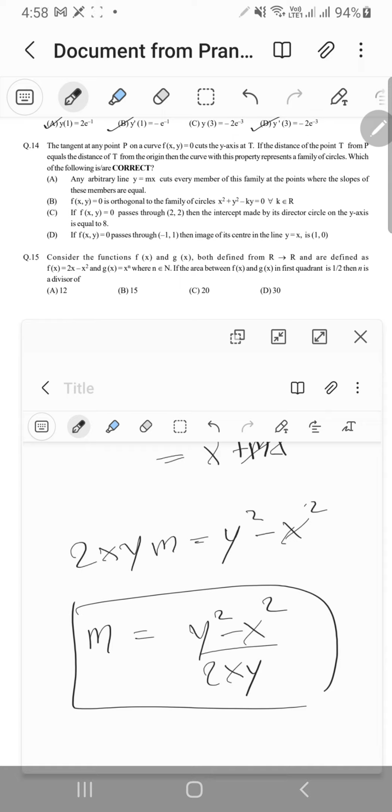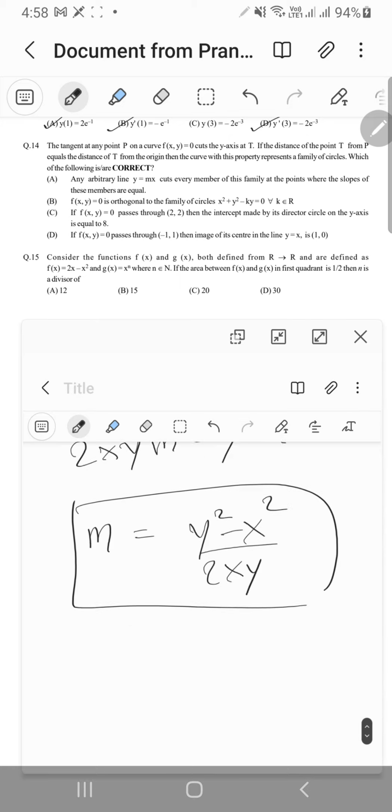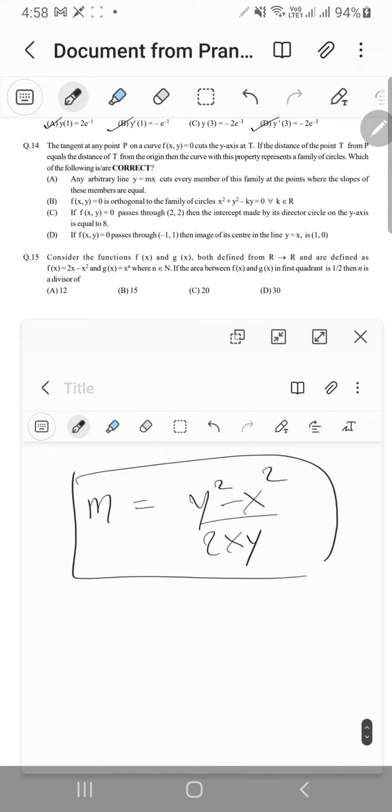Then the curve with this property represents a family of circles. Which of the following is or not correct? Fine, let's actually solve this then. So let's just put y equal to kx. So this will be k plus x k dash equal to k squared minus 1 upon 2k.